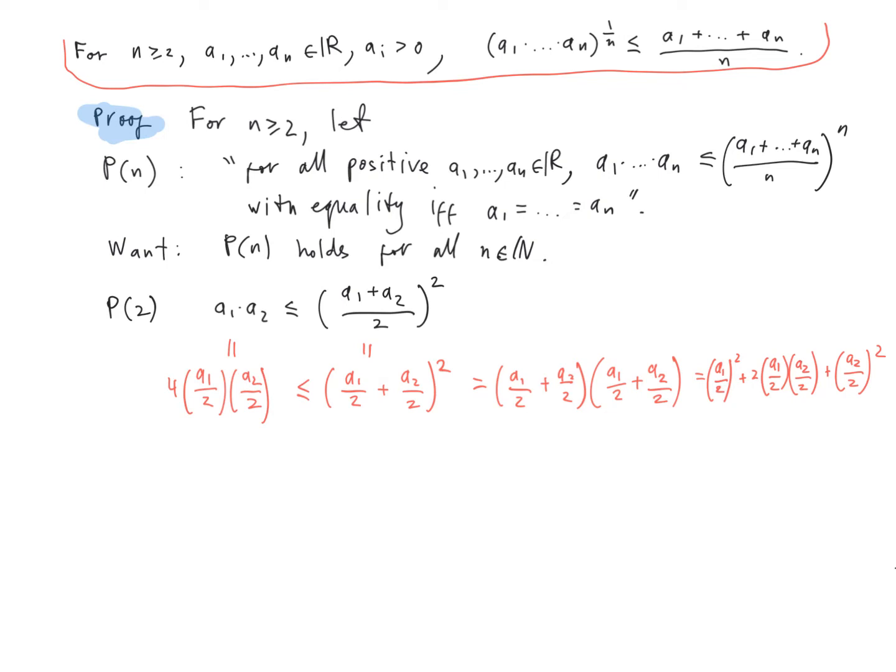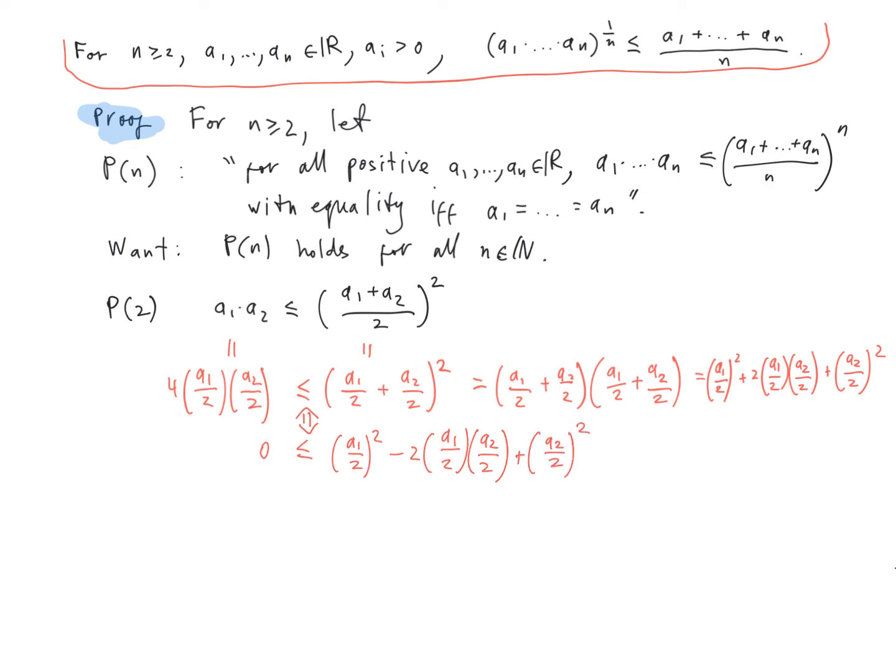Okay? Now let's look at the middle summand on the right-hand side and the left-hand side. Moving everything to the right-hand side, we thus get that this inequality is equivalent to 0 is less or equal than a1 over 2 squared minus 2 times a1 over 2 times a2 over 2 plus a2 over 2 squared.